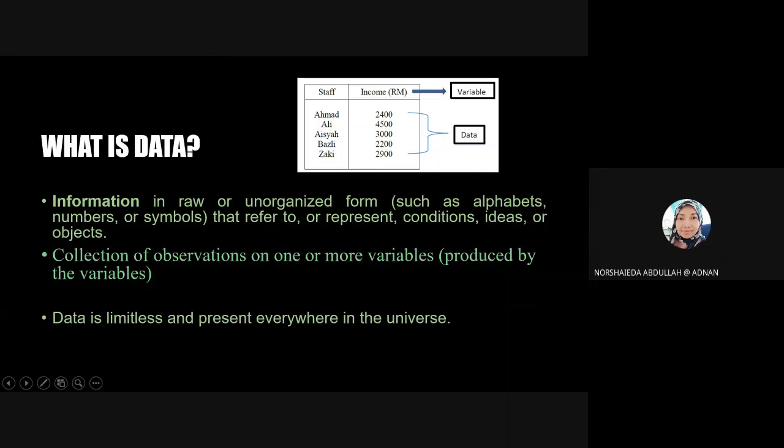The value of the income is the data. From Ahmad, the amount of income is 2,400. Ali, 4,500. So the amount of the income is the data.